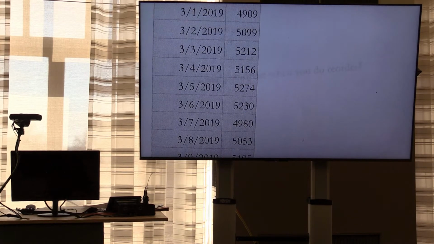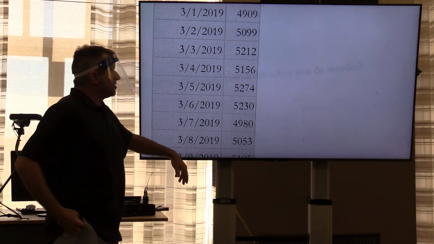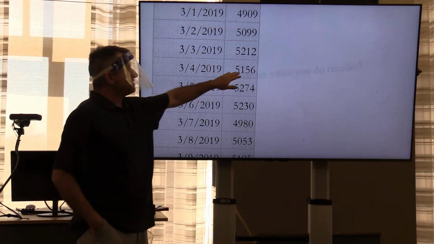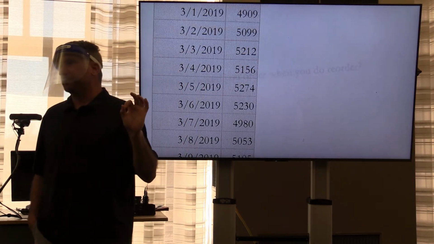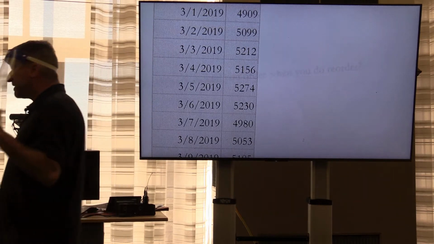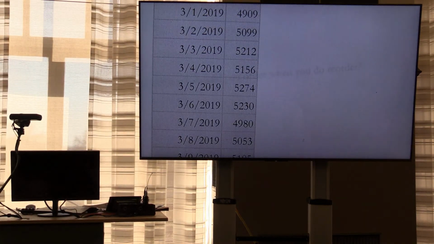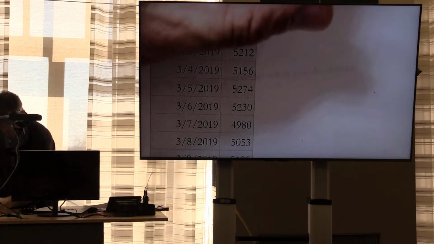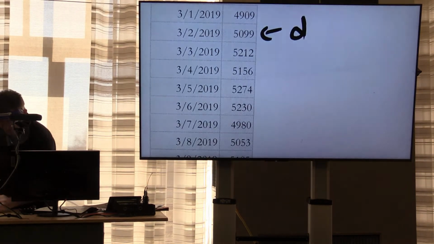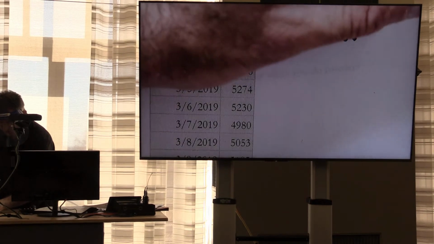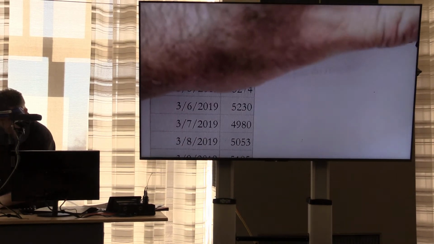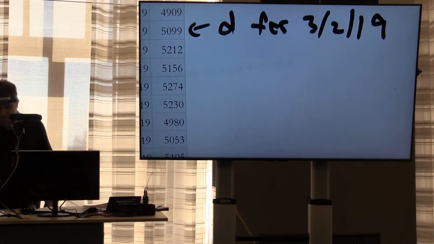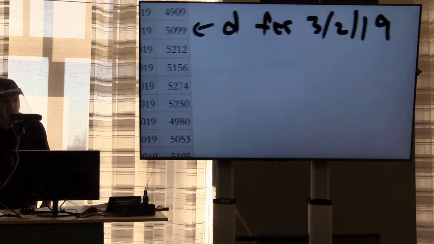And each of you is going to be given a different data set. And there'll be a couple hundred observations, and what you'll have is daily demand, little d. Daily demand for a large number of days. And so like that 5099 is little d for March the 2nd, 2019.